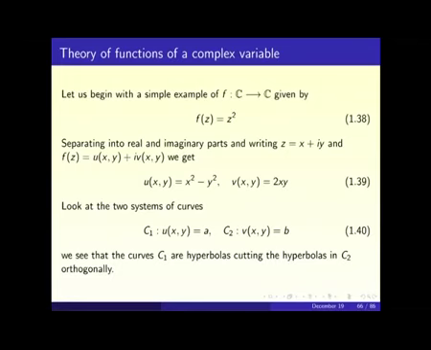I leave it to you to verify that x squared minus y squared equals a cuts the hyperbola 2xy equal to b orthogonally. That is, if you take a point (x0, y0) which lies on both curves, calculate the slopes of the two curves at that point, the product of the slopes is -1.